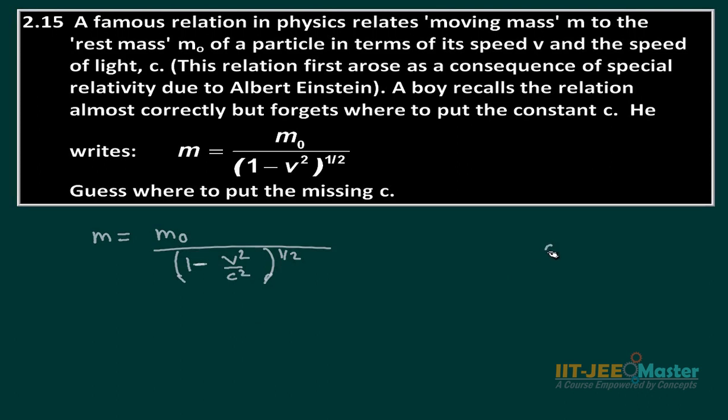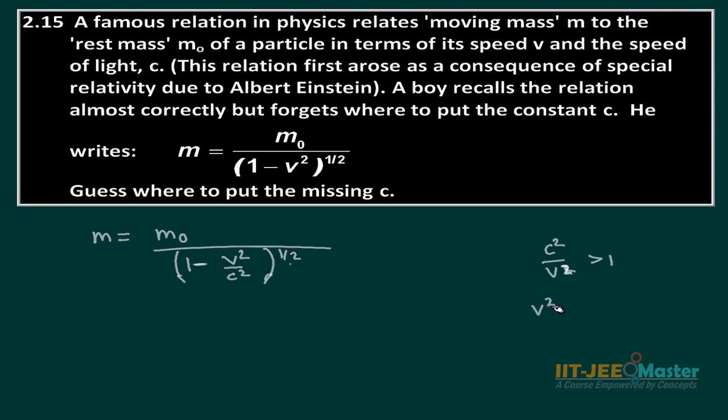You may ask why it is not c square by v square. Because c square by v square is greater than 1. Speed of light is always greater than the speed of any matter. So 1 minus v square by c square will be negative. Negative to the power 1 by 2 is not possible.